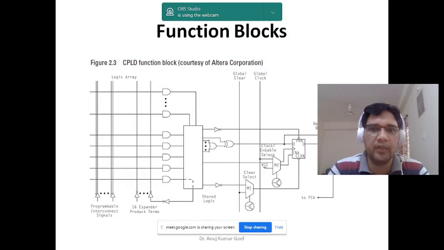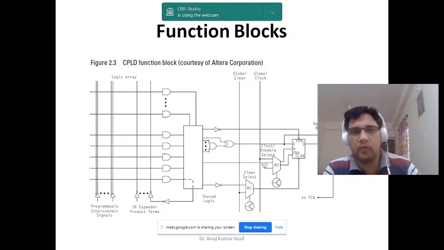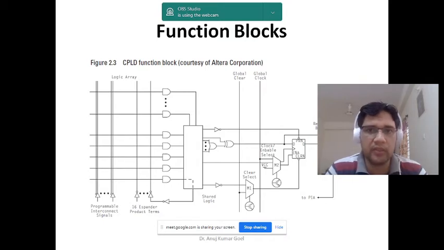So that is why it is a global clock, and it is always present on the IC, because from the global clock we give the clock signal to every element, so synchronization will be there. Similarly, global clear is also globally connected, so these two signals are called global.